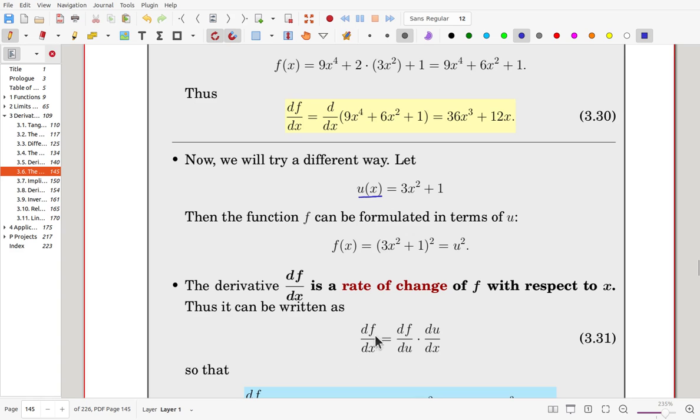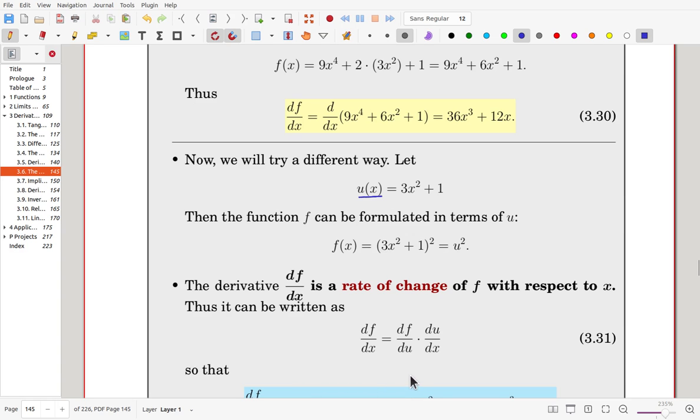If the limit exists, then we say that is the derivative. So we may consider this df over dx really like a fraction. In fact, this is a limit of a fraction, yet we may consider it as a fraction.